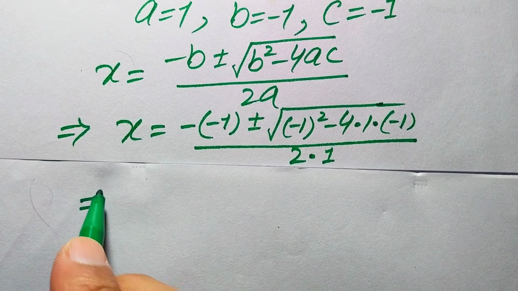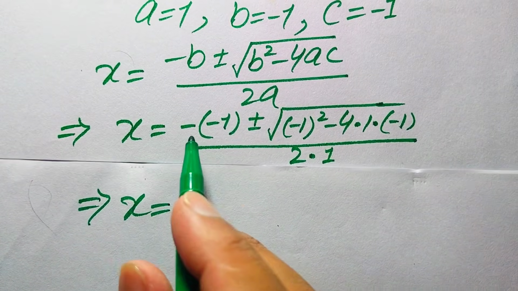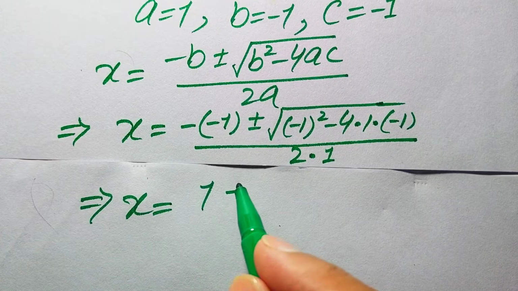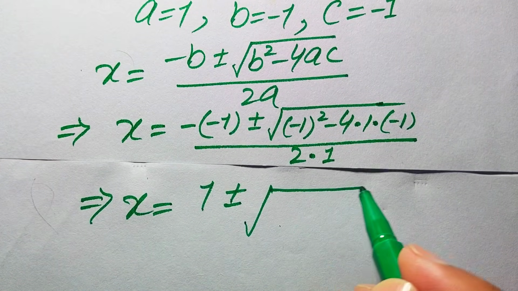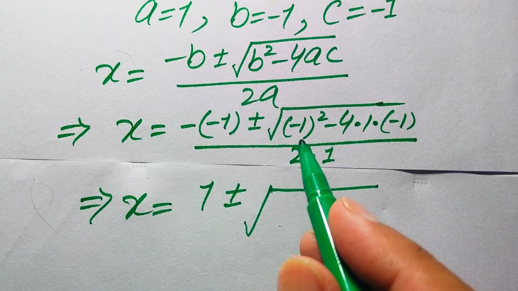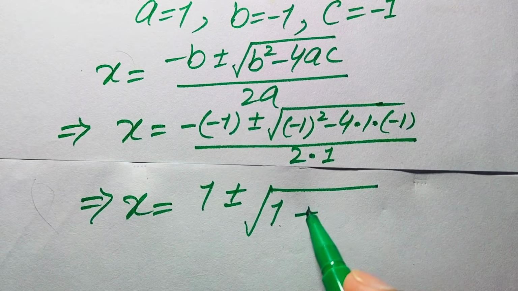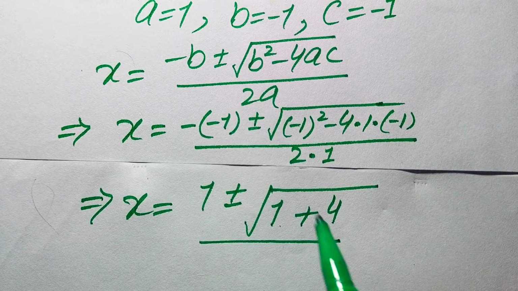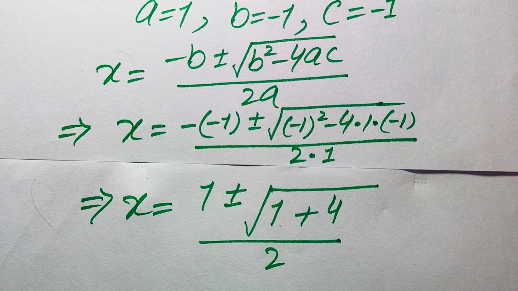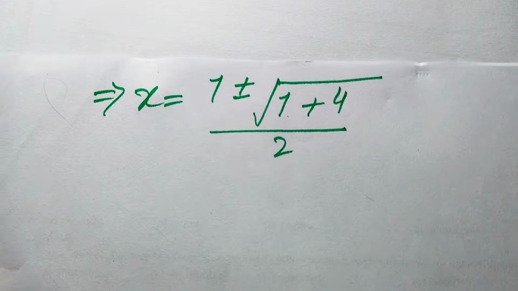In the next step, we have x equals minus times minus becomes plus 1, plus or minus square root of minus 1 squared becomes plus 1, and minus times minus becomes plus 4, divided by 2 times 1, which is 2.